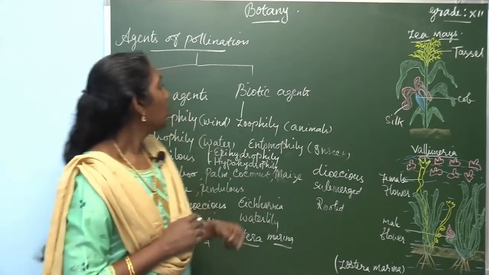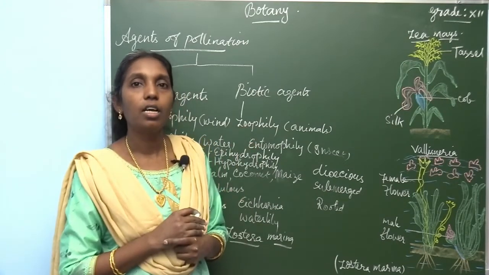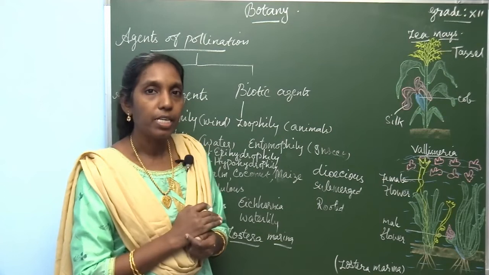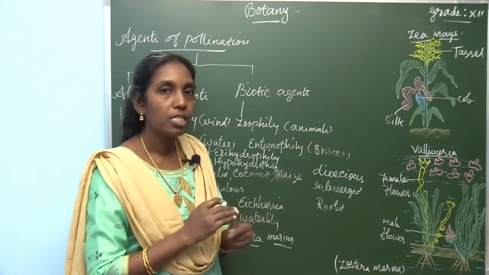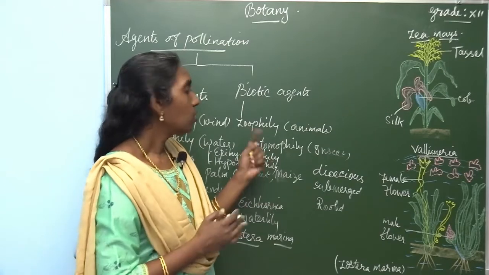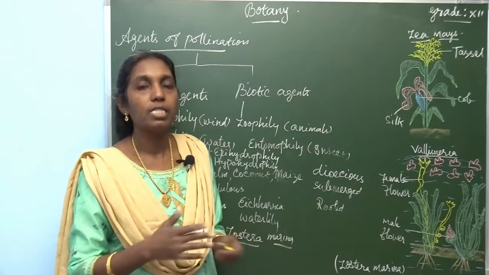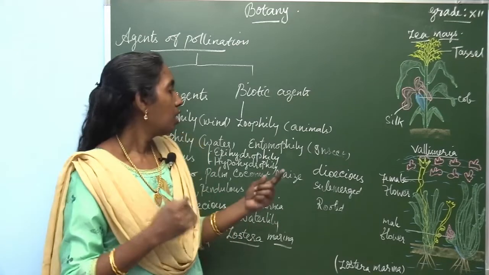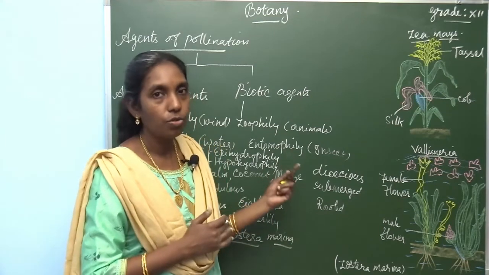Vallisneria spiralis is the example of epihydrophily. Then, what is meant by zoophily? Zoophily is the condition of pollination taking place by animals. Animal pollinating plants are called zoophilous. Animals include bats, ants, snails, and insects. These all come under zoophily.